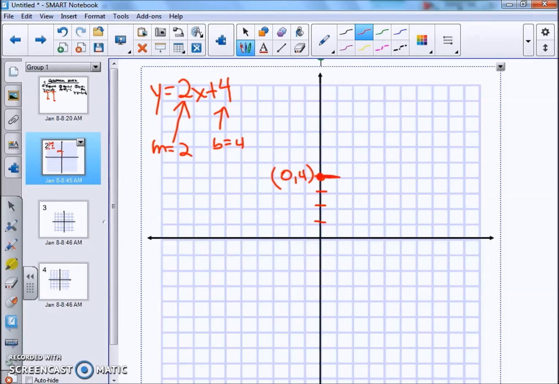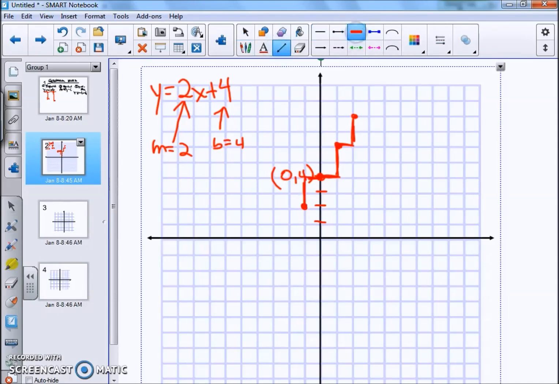So every time our x increases by 1, our y increases by 2, and we have another point. What happens if our x decreases by 1? Y decreases by 2. So here I have my line. It's that easy.